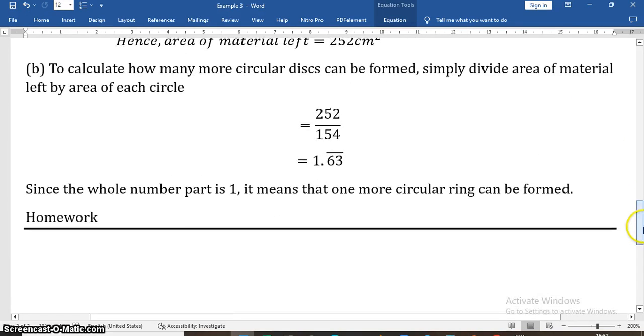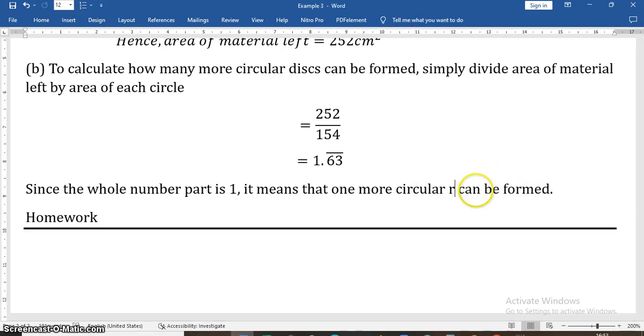So you do 252 divided by 154. You do that. We've learned this over. So you have 1.636363, a recurring decimal. 63 keeps repeating. So you have the bar over the 63. So 1.63. Okay, since the whole number part is 1, it means that one more circular disc can be formed. Very simple.